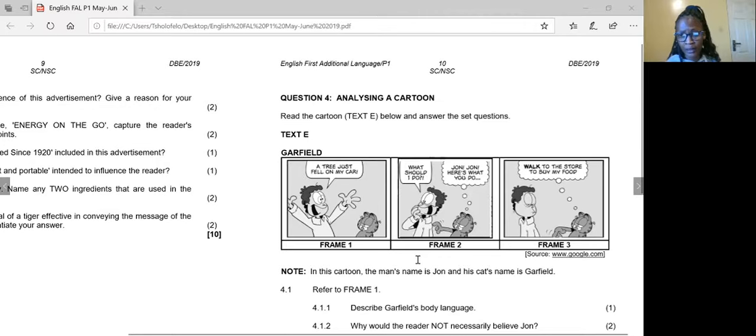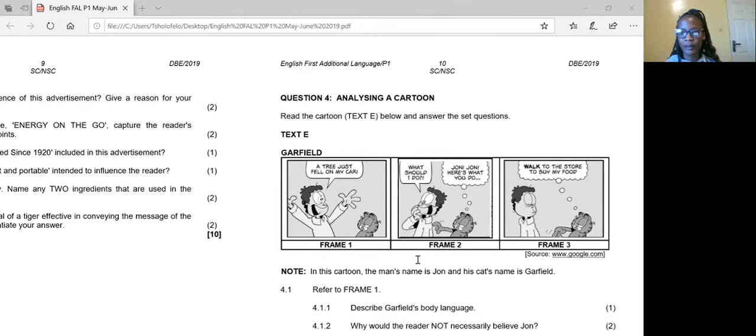Again, most importantly, I keep referring so much to Grade 12 because I believe what I'm going to give you will come in handy when it comes to tackling English Paper 1. A cartoon may be there to entertain. A cartoon may be there to educate or to inform you. A cartoon that is there to entertain you, the cartoonists normally use what we call humor.